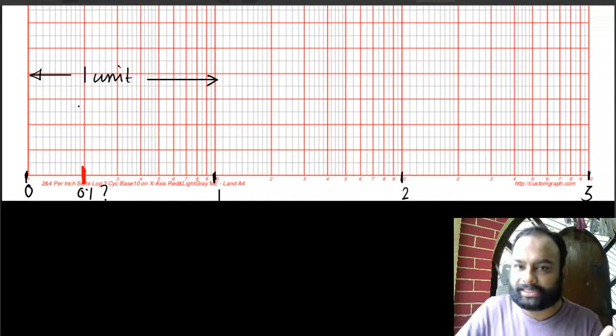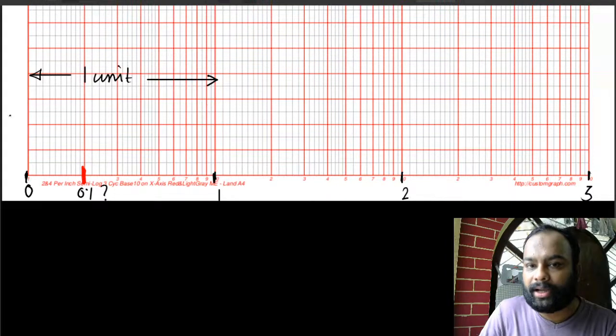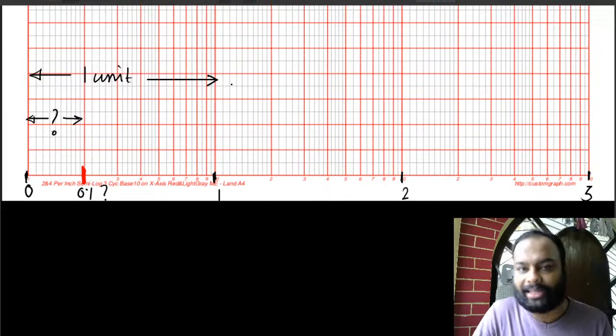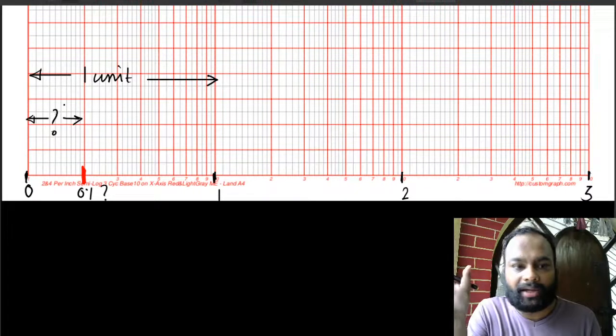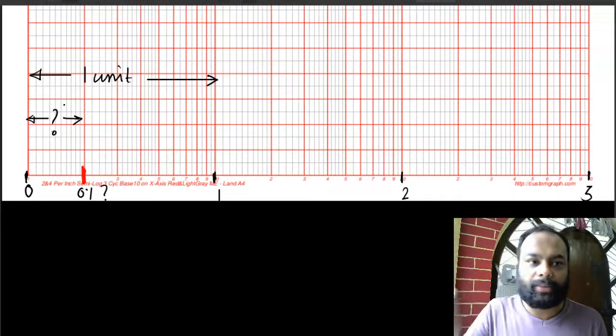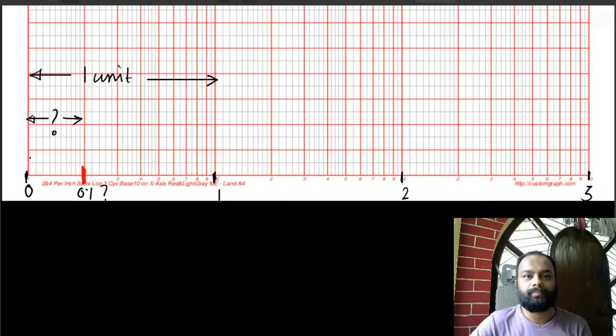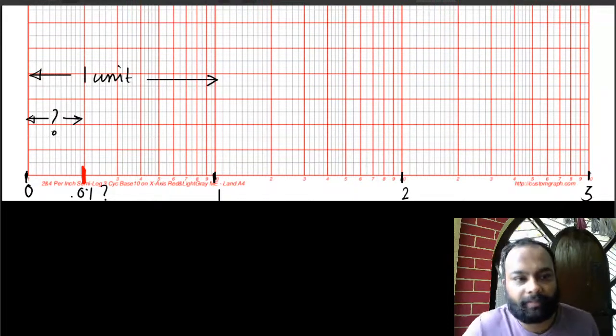My question is this. If this entire length is 1 unit, how much is this length? I did not ask you how much is this division. Someone is saying 0.01. No. How can it be 0.01? That would be very small, right?